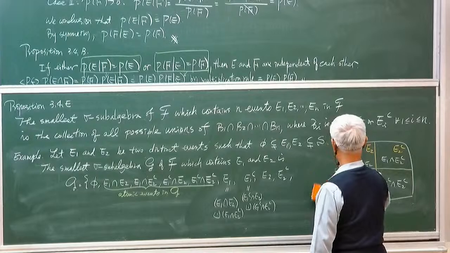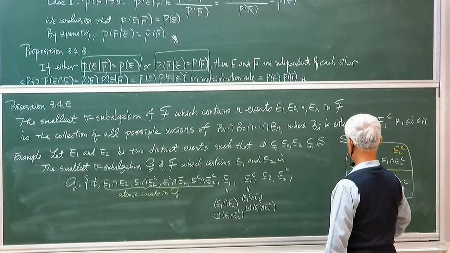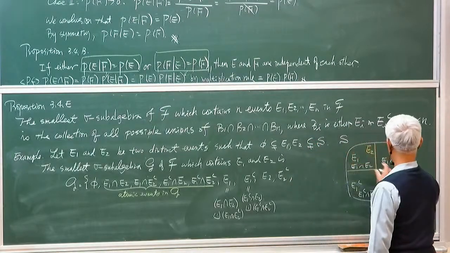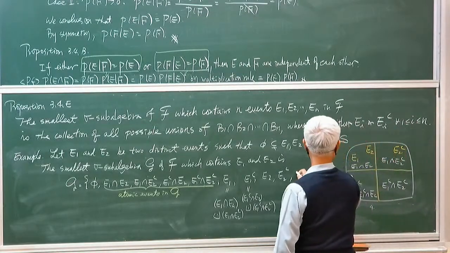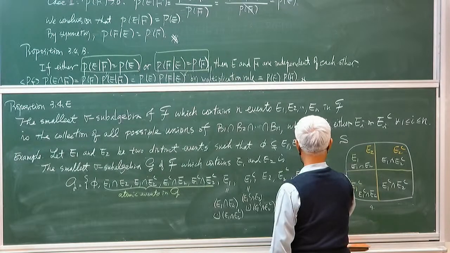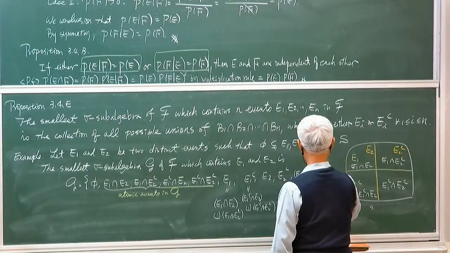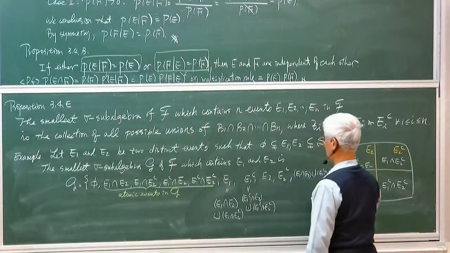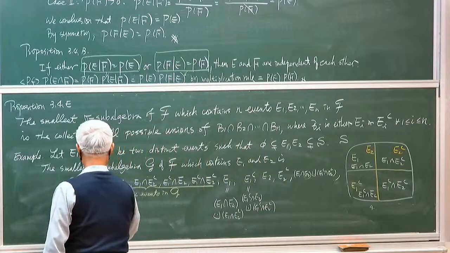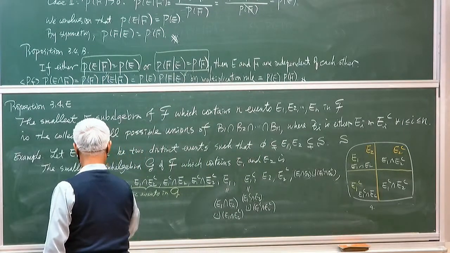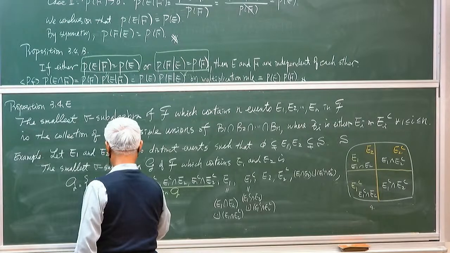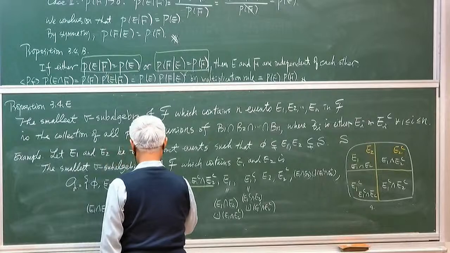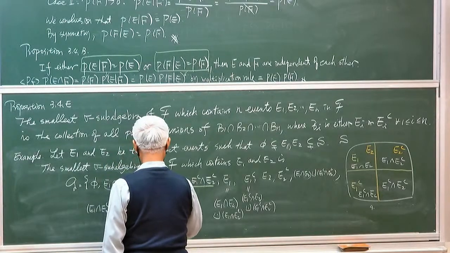Those would be E1 intersect E2 disjoint union E1 complement intersect E2 complement, and also E1 intersect E2 complement disjoint union E1 complement intersect E2.